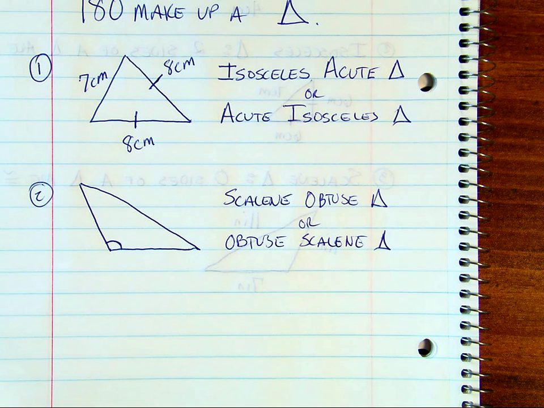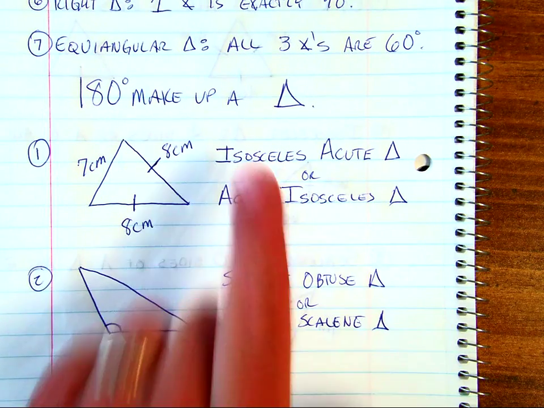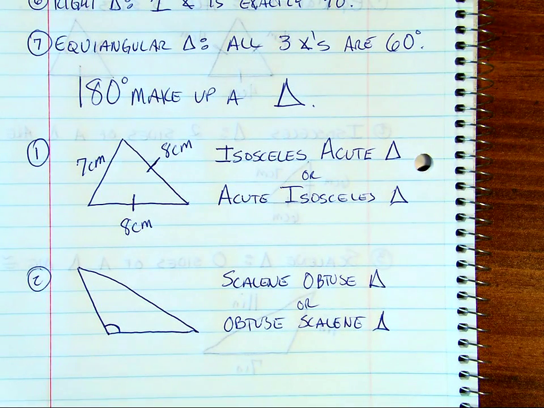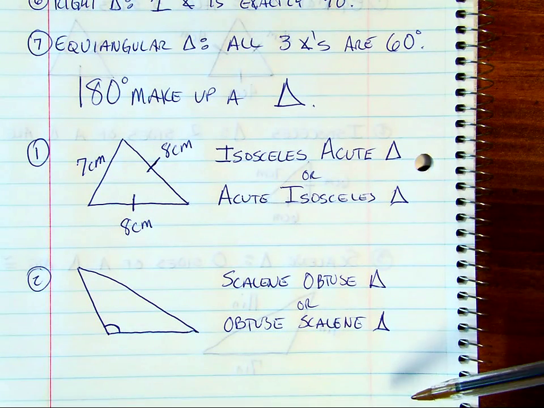Okay. What does an isosceles triangle have that the scalene triangle does not have? Nick? The lines. That's how you know it's scalene. There's no lines.